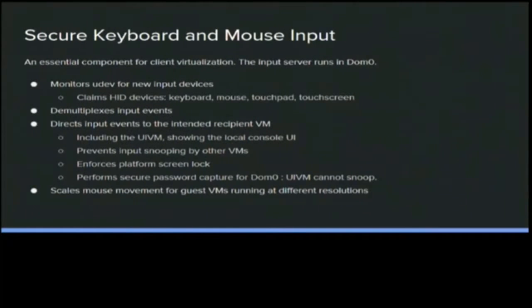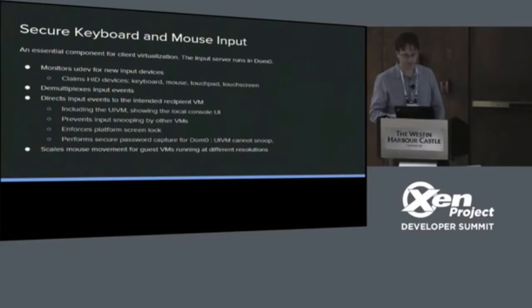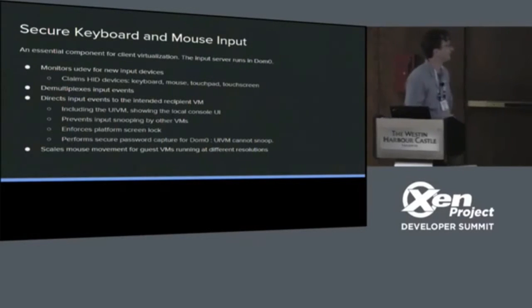Okay, next component we have that's a little bit unusual is a secure keyboard and mouse input daemon. This runs in Dom0. It handles newly arriving human interface devices. It decides what to do based on the events, including managing the switching of input between different domains based on what's on display.